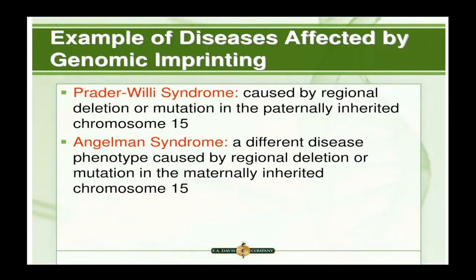Examples of diseases affected by genomic imprinting: Prader-Willi syndrome, caused by regional deletion or mutation in paternally inherited chromosome 15, and Angelman syndrome, a different disease phenotype caused by regional deletion or mutation in maternally inherited chromosome 15.